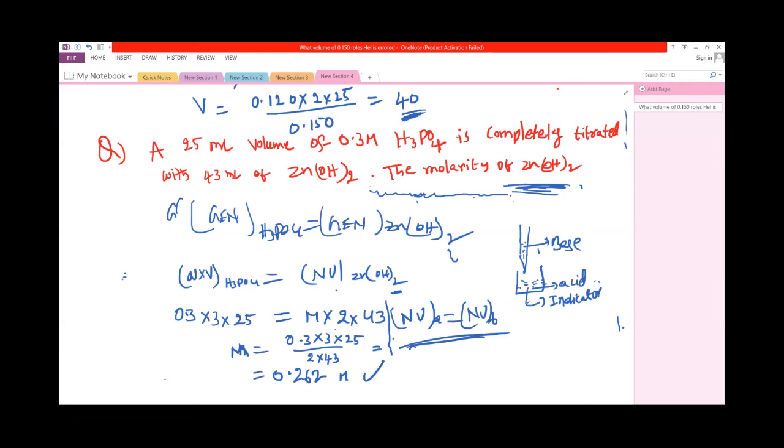Now I am going to discuss something I already discussed, but it will take a little bit of time to complete. The next chapter name, already noted down, is equivalent concept and redox reactions.